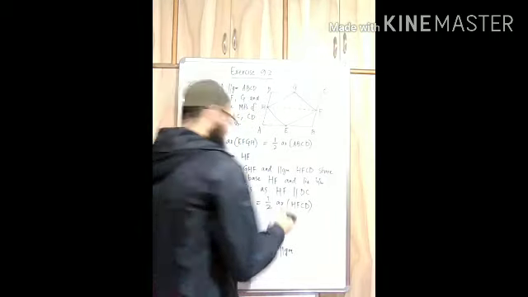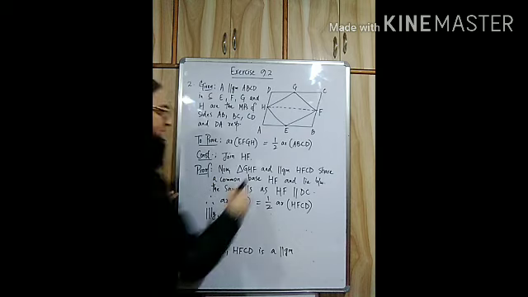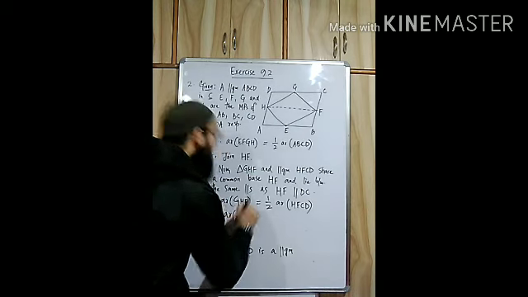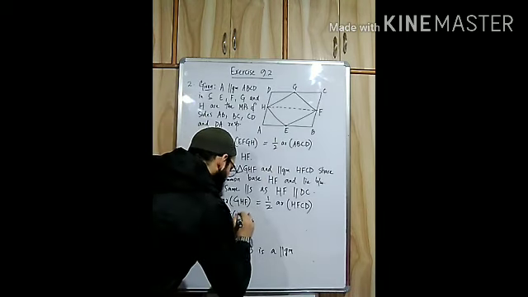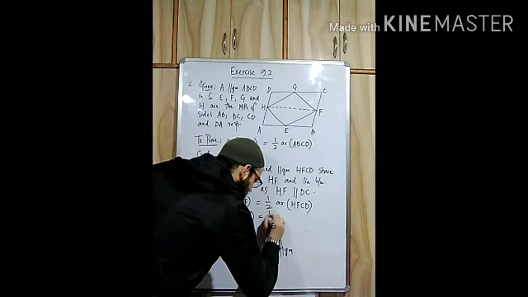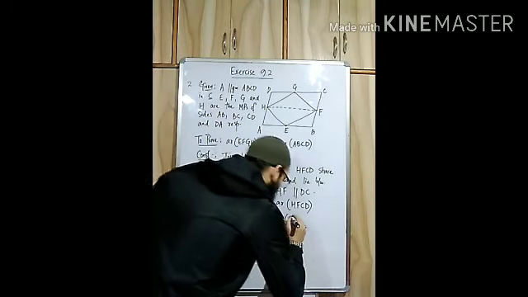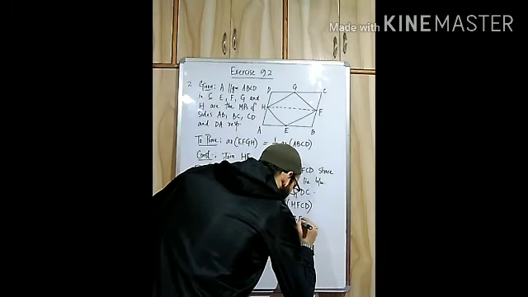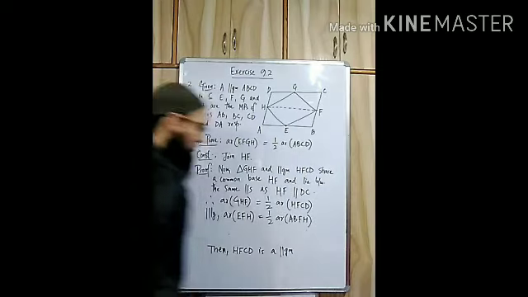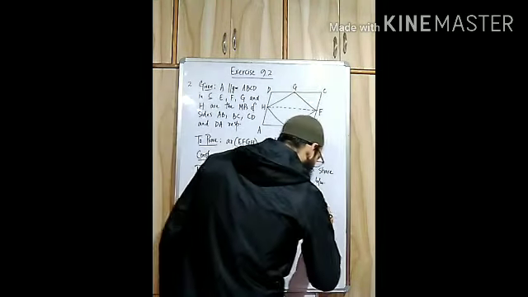Got it? So, similarly, area of triangle EFH is equal to half of area of ABFH.